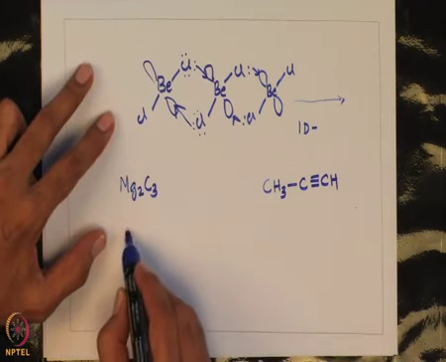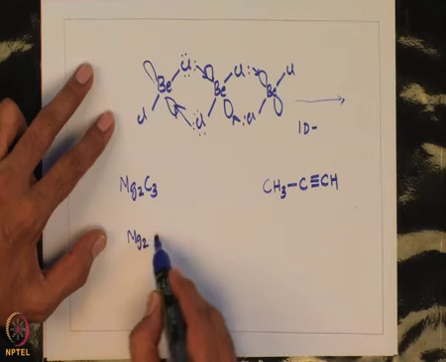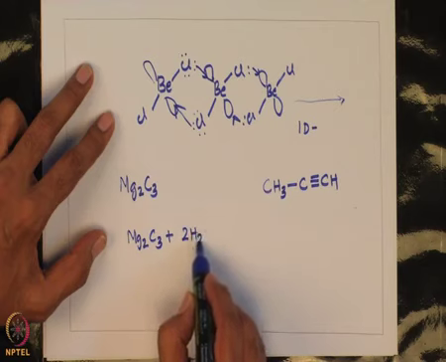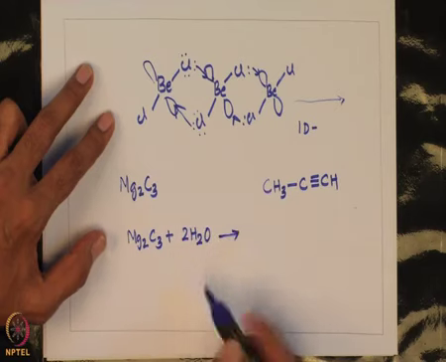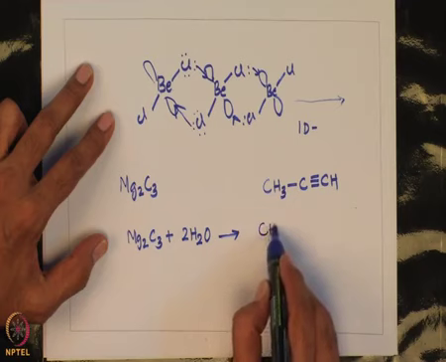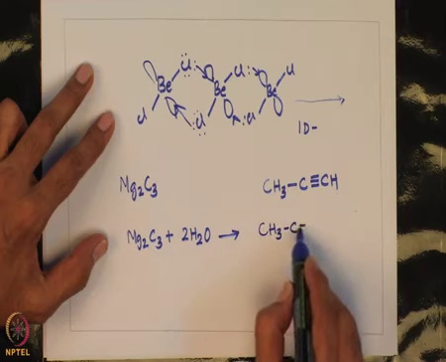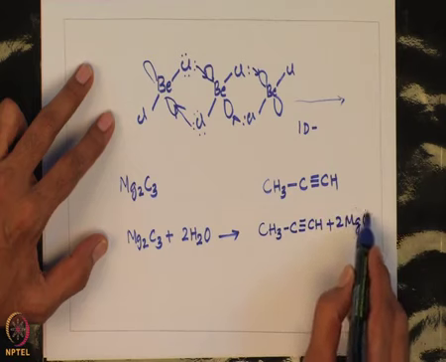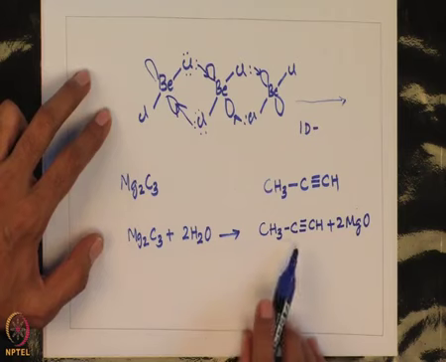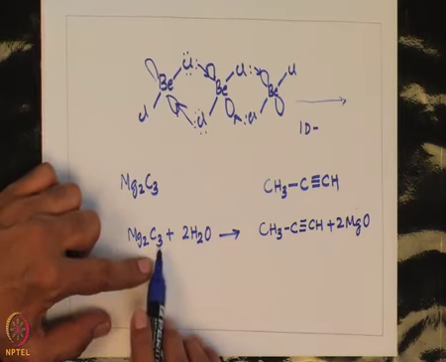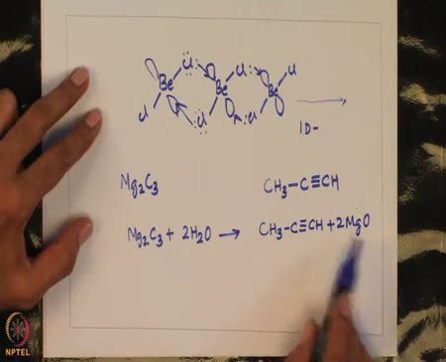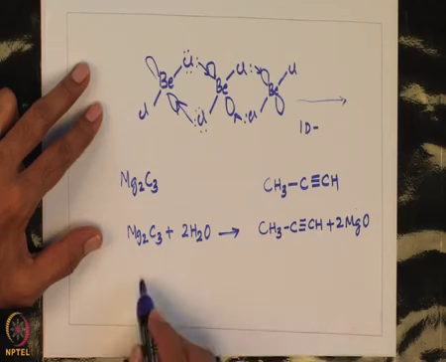So, one can now write and complete the reaction. Now, you can see this equation is balanced. So, Mg2C3 plus 4H2O gives CH3C triple bond CH plus 2Mg(OH)2. So, now one can write this.